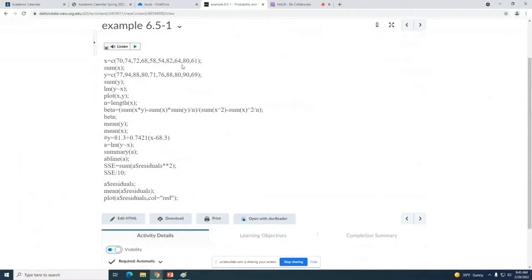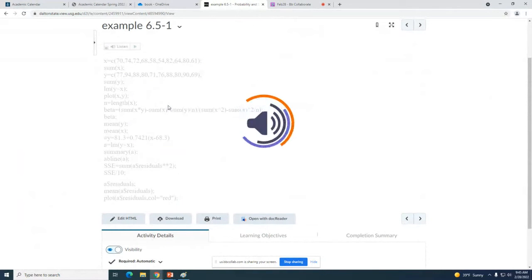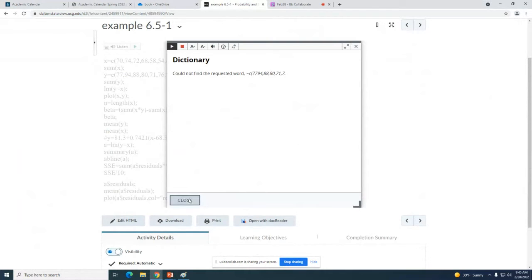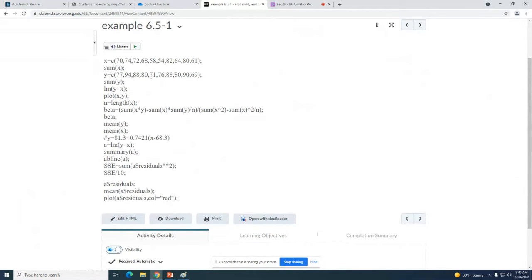What you can do is enter the X data, and I was double checking that my data is right. Then you enter the Y values, and that's X and Y. You can then find the linear model between X and Y, and you can plot it. n is equal to 10 actually.